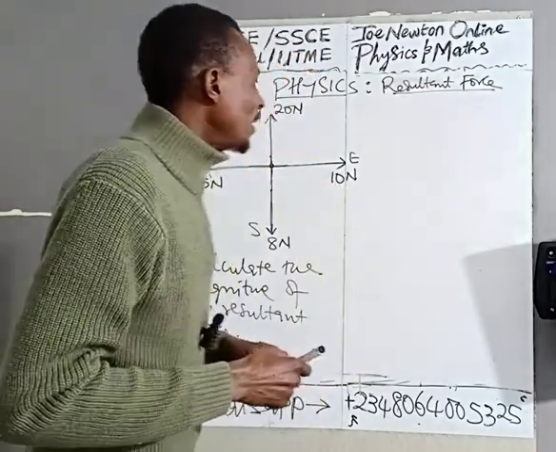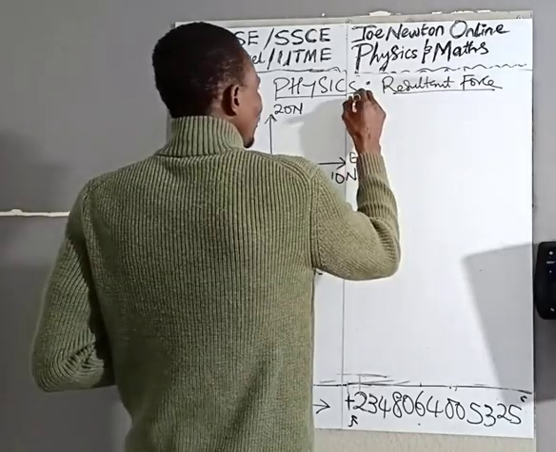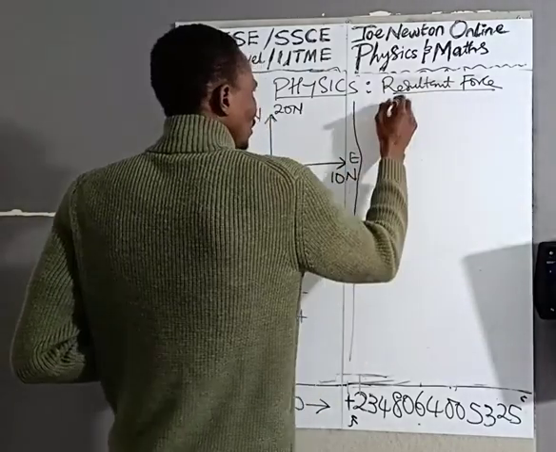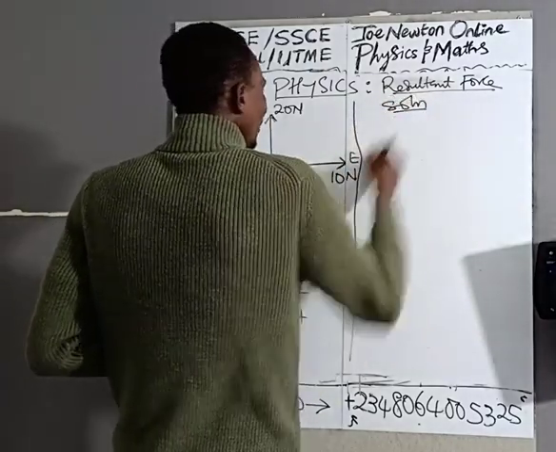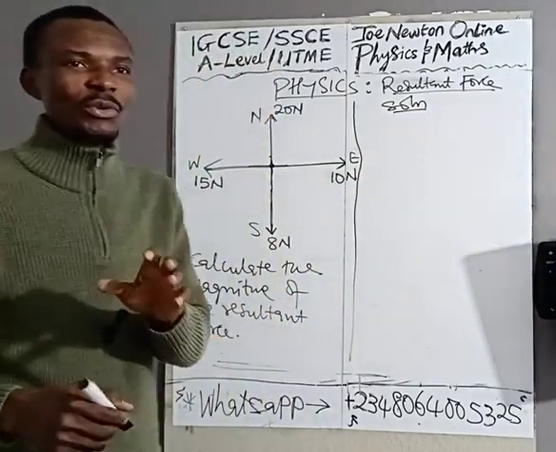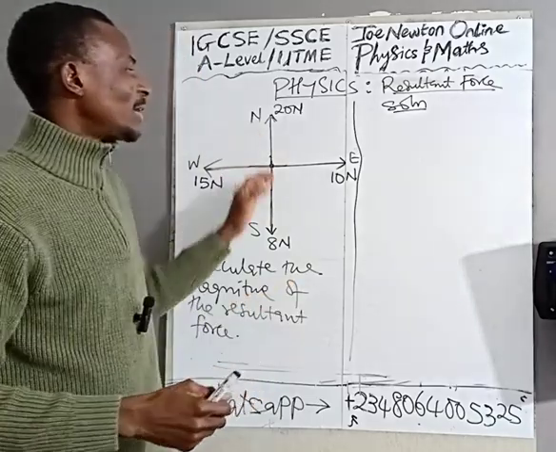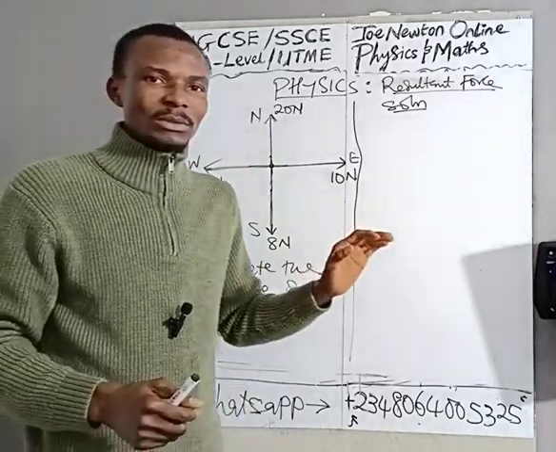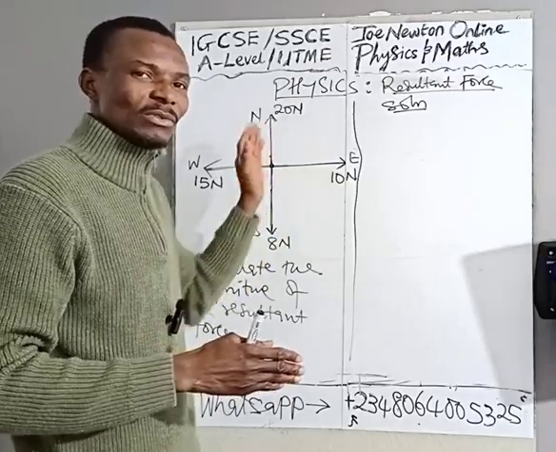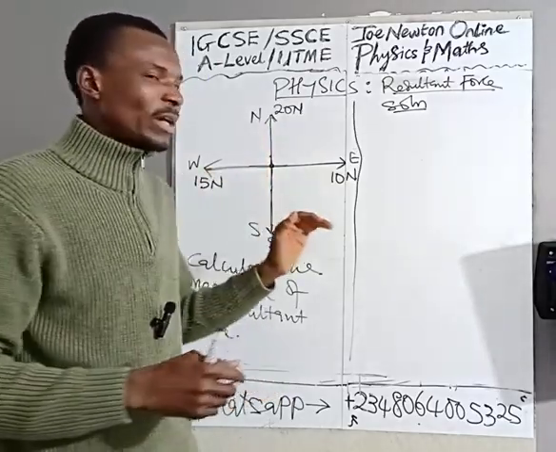Good. Now, in solving this, the first thing we are going to do is to resolve this vertically and horizontally, to know the effective force in the vertical direction and in the horizontal direction.